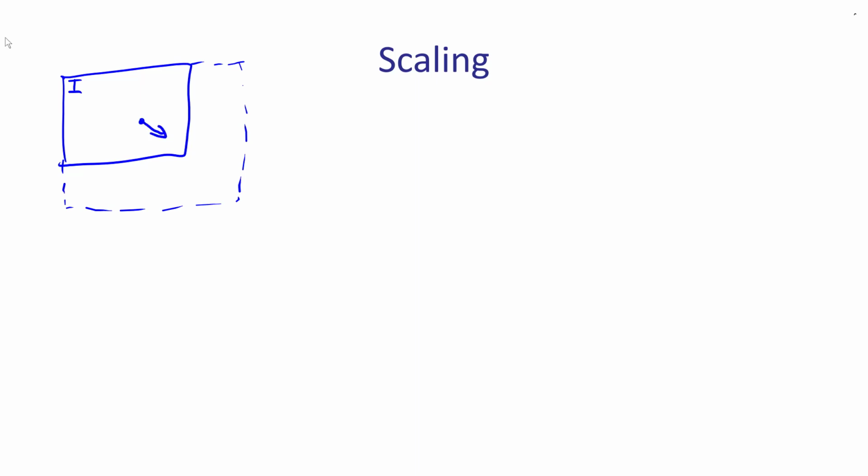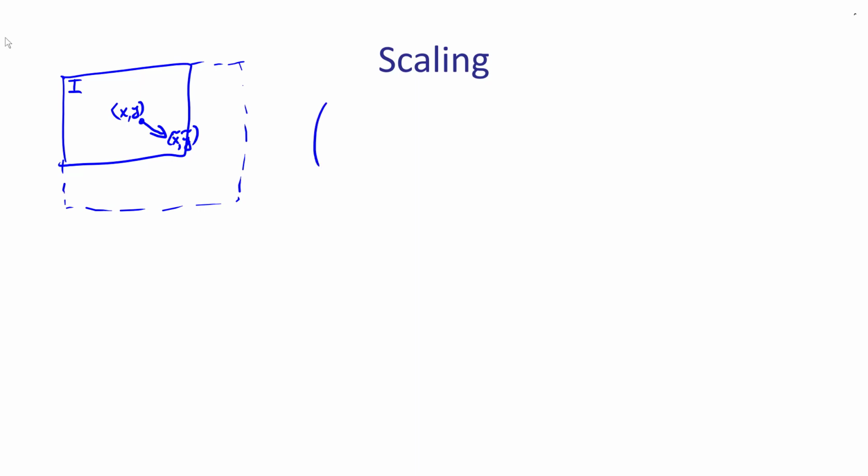Scaling of the image will be defined the following way. So let's say again that we have that image I, and we want to make that image bigger, so it will grow somehow by some scale factor, and then this pixel technically will move somewhere in that direction. So this will be the original xy, and this will be the transformed xy with tildes.